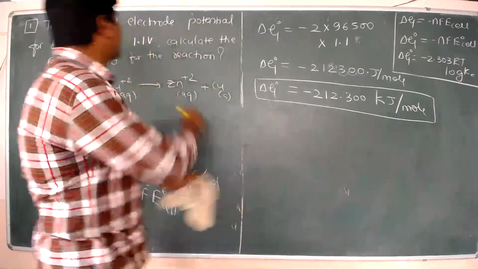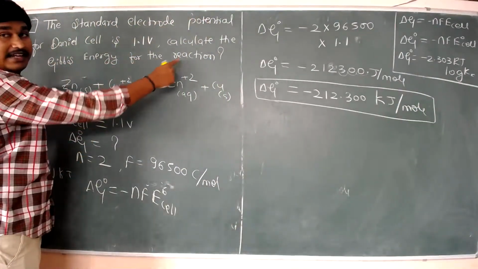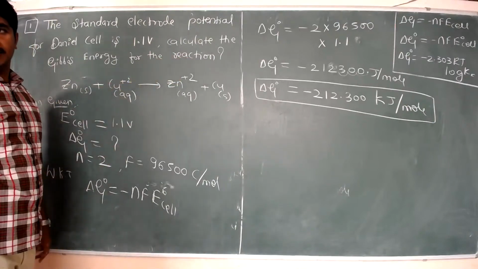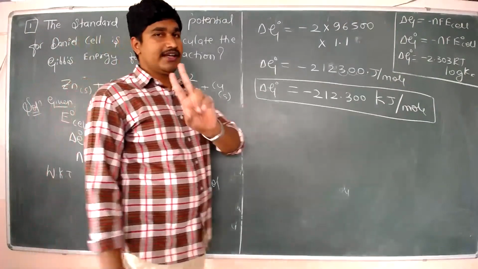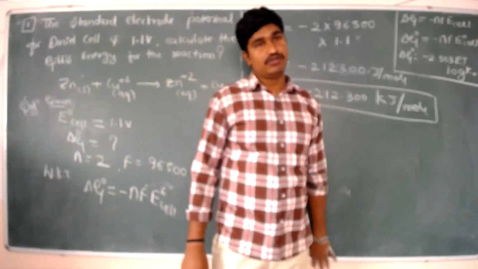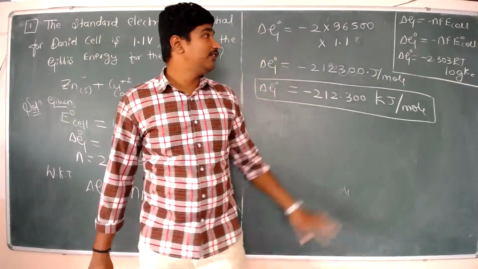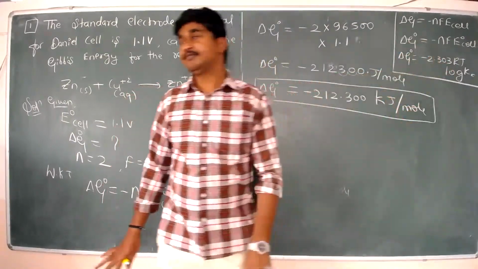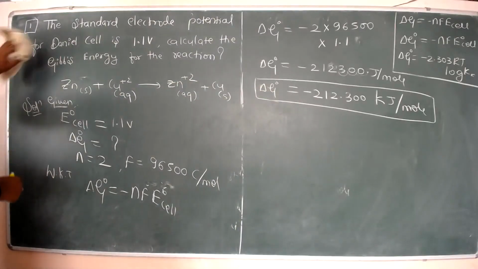In place of giving all the data, they will just ask, calculate the Gibbs free energy for the Daniel cell reaction. Right? Daniel cell means E naught cell value is fixed, 1.1 volt. N value is fixed, 2. F value you already know, 96,500. Put all the values in this formula, you will get the same answer. Next.